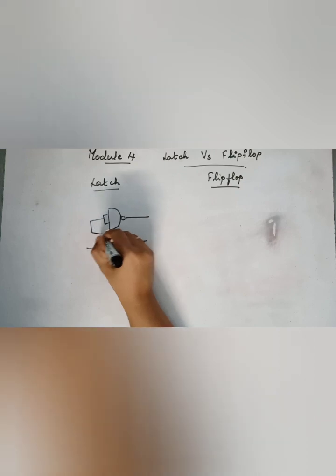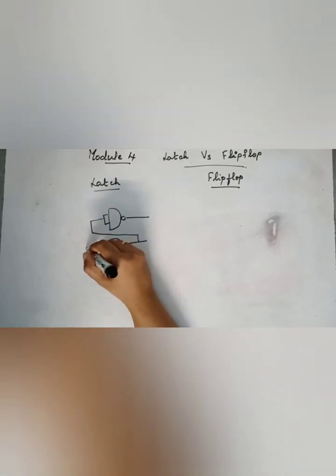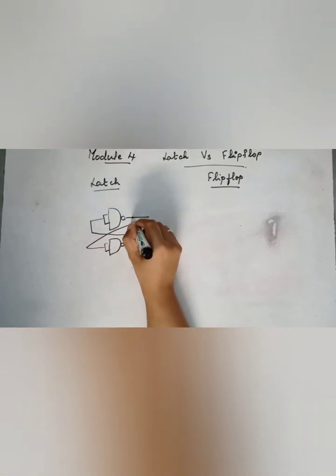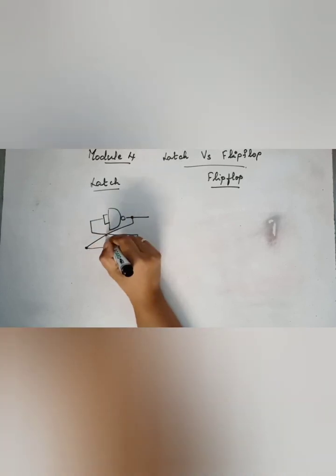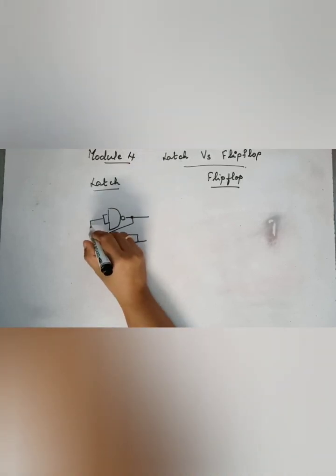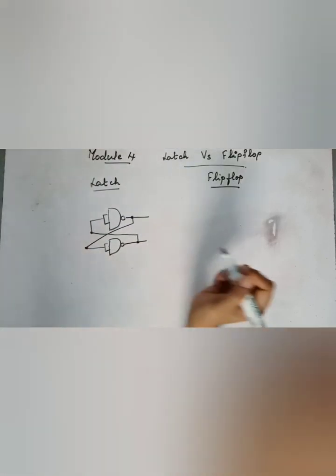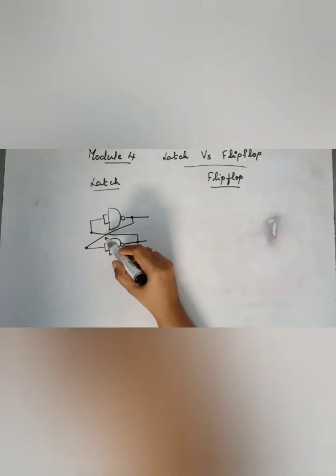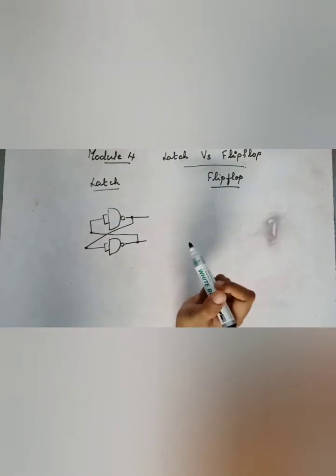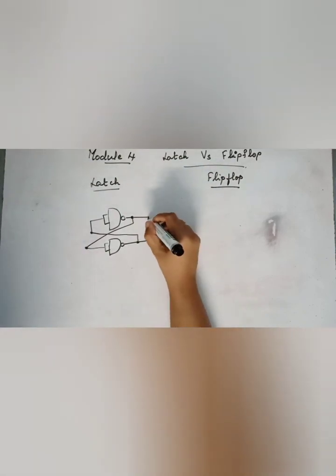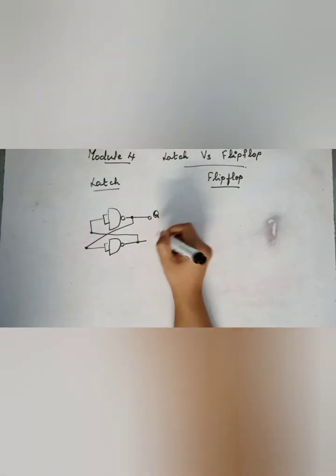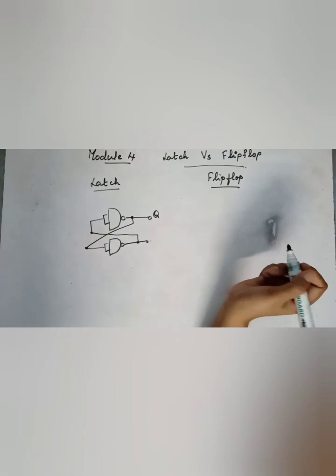We need only one input. So the connection is here. There is no connection here. The connection is only at these points. Though it is crossing over, here we don't have a connection. So this is a basic latch.